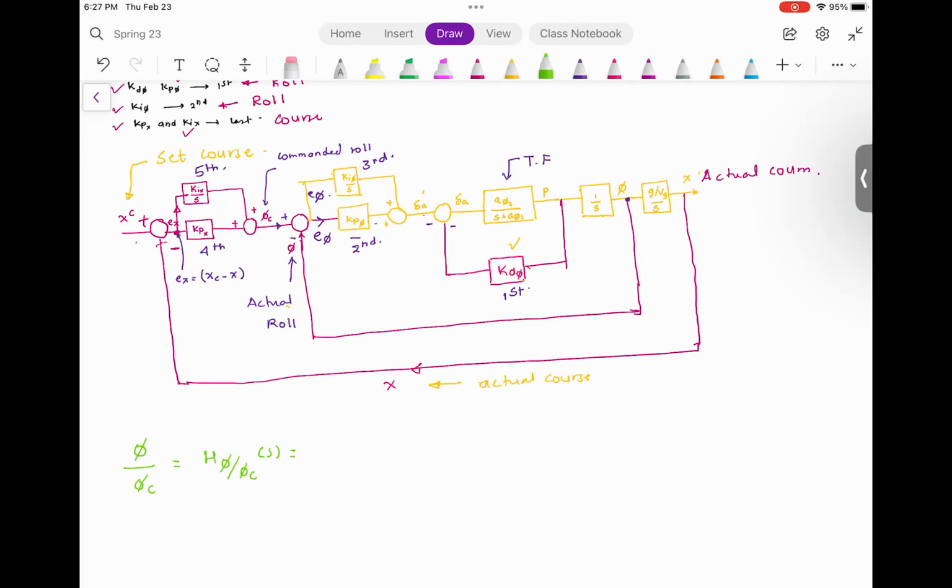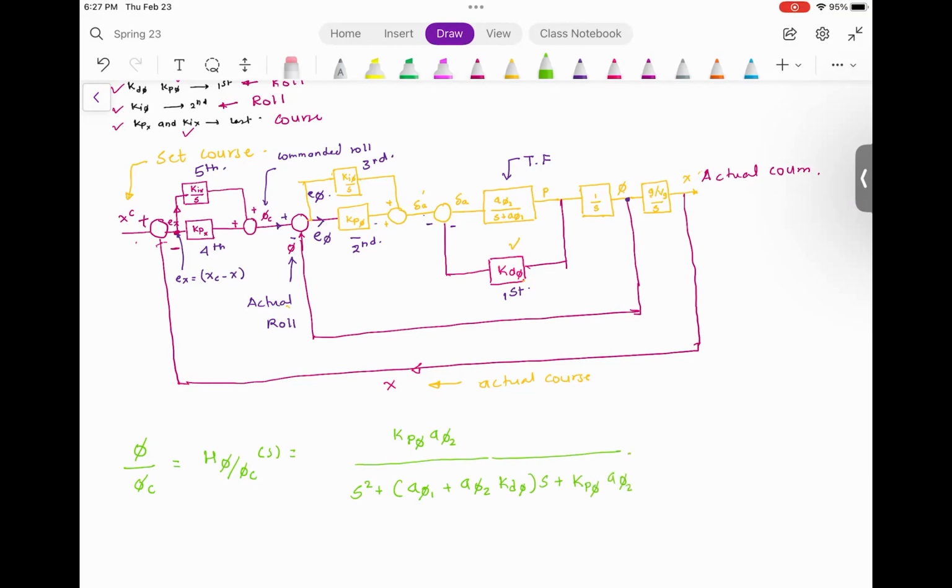so what you can do is reduce this, and it comes to Kp phi a phi 2 divided by s squared plus a phi 1 plus a phi 2 Kd phi s plus Kp phi a phi 2.